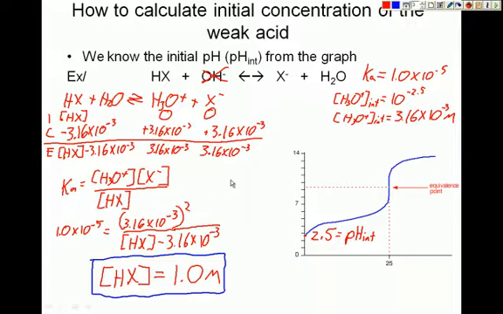So now we have calculated the initial concentration of the weak acid before it ionized. After it ionizes, it would just be 1.0 minus 3.16 times 10 to the minus 3, which is actually an insignificant number in comparison to right here. Now we're going to try some other questions.